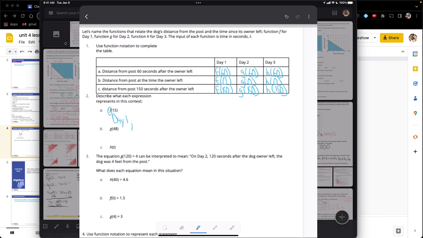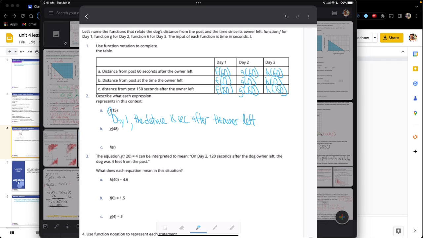So f of 15 is going to be the distance 15 seconds after the owner left on day 1.